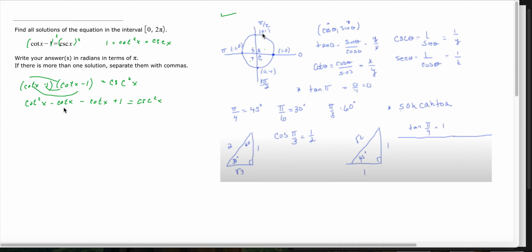Okay, so let's see. Collecting like terms, I can combine these two. So this gives me cotangent squared x minus 2 cotangent x plus 1 equals cosecant squared x.